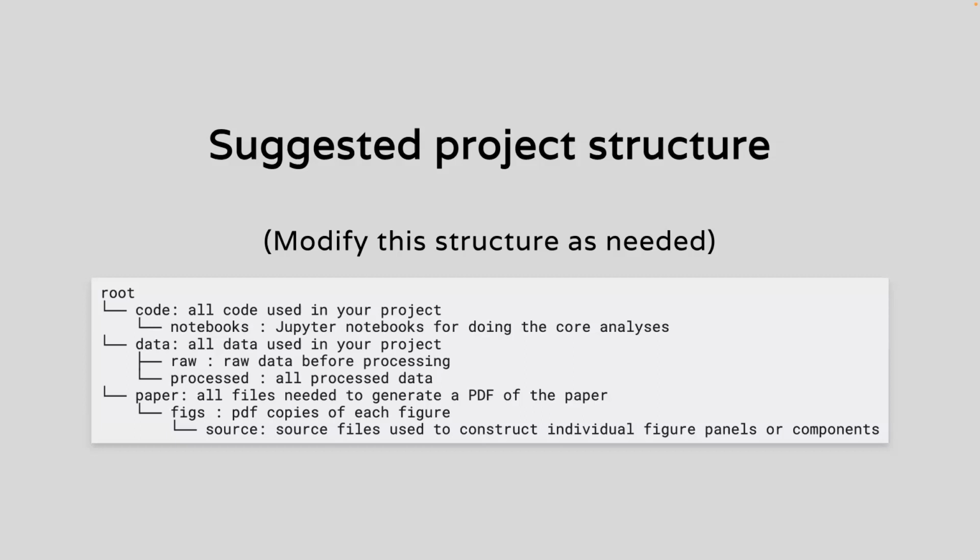Then I have another folder, data, where the data for the project gets stored. I usually like to separate raw data that comes off the measurement devices, and processed data where you've made it clean and nice to analyze.